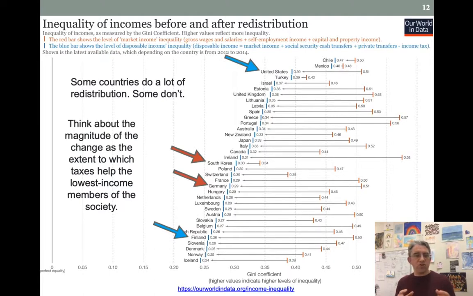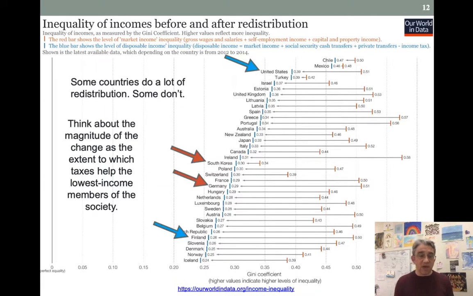I do think it's interesting to note the magnitude of the change as the extent to which taxes are marshaled to help the lowest income members of society. But really, the main thing here is to see how big the ranges are and how there are very different approaches.